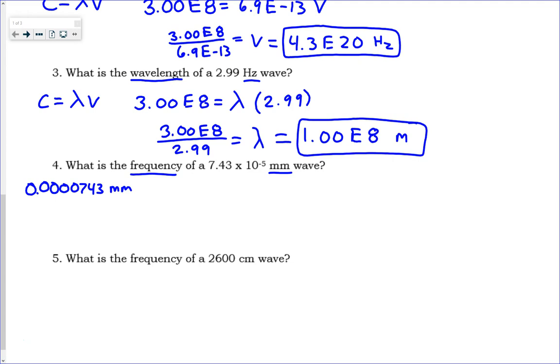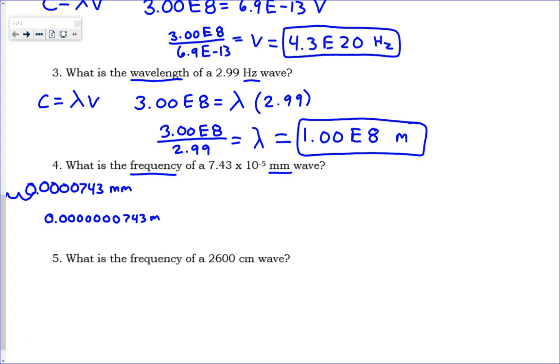Now, if we're going from millimeters to meters, we're going to have to bump the decimal place over 3 spots. So we're moving 3 spots over to the left, going from millimeters to meters. So 1, 2, 3 spots over. And so what we end up with is 0.000000743 meters.